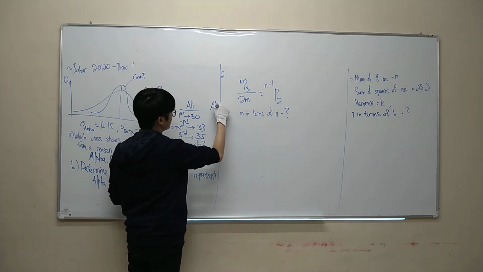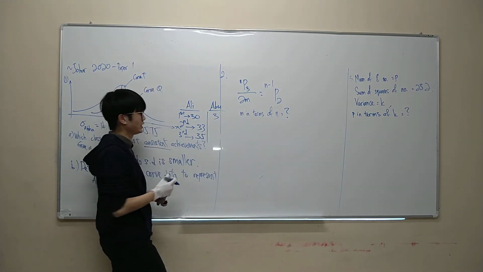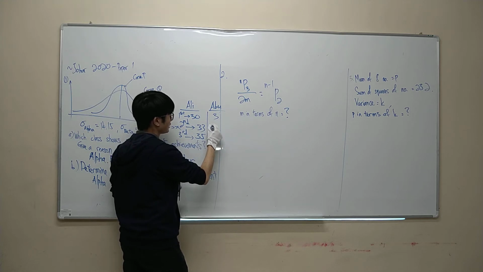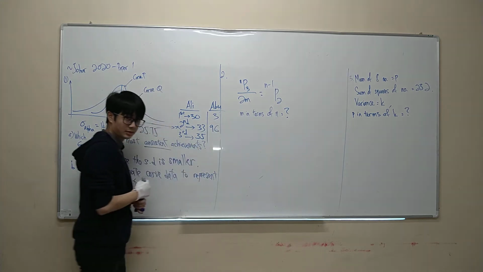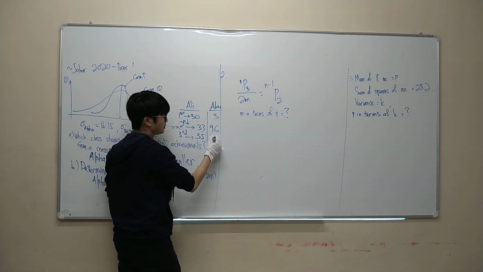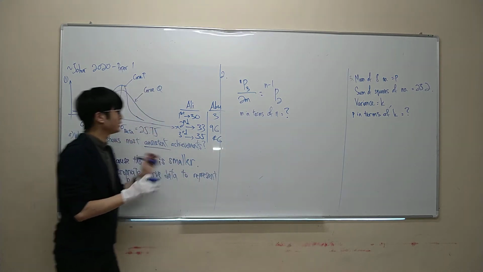Next person is Abu. For the first exam, Abu got 3 marks, just an example only. For the next exam, Abu got 96. For the third exam, let's say Abu got 46. This is a random number.